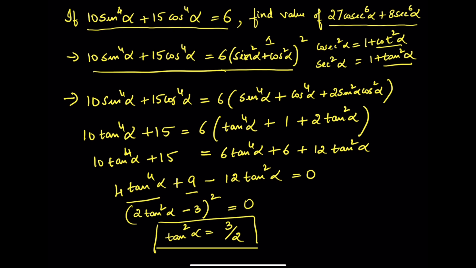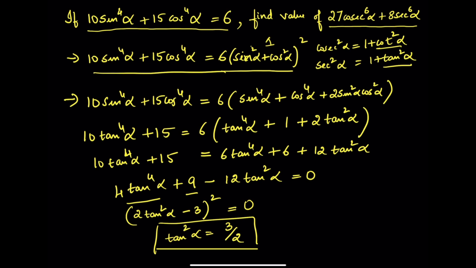Now we have to apply that value in 27 cosecant to the power of 6 alpha plus 8 times secant to the power of 6 alpha. Let's solve that now. So let's solve for the value of 27 cosecant to the power of 6 alpha plus 8 secant to the power of 6 alpha.